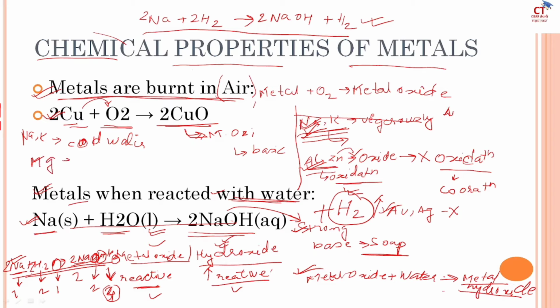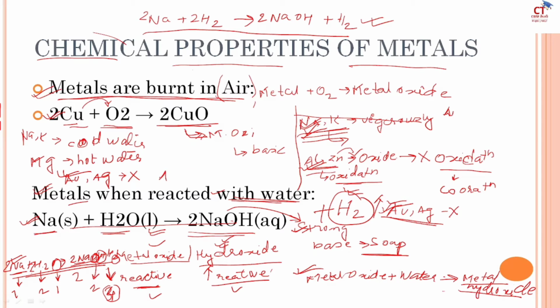Magnesium on the other hand will react in hot water. Again, Au and Ag, no reaction. In case of metals that were burnt in presence of air, they did not show any reaction. Similarly, in water also they do not show any reaction.